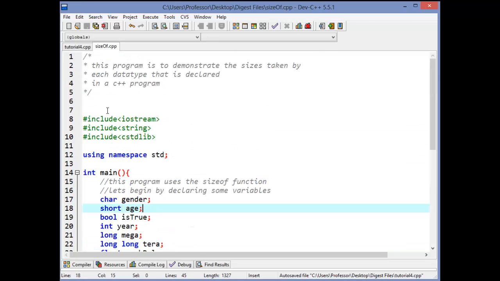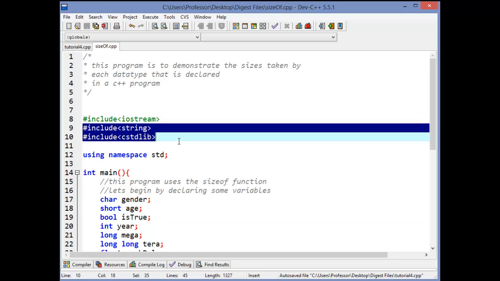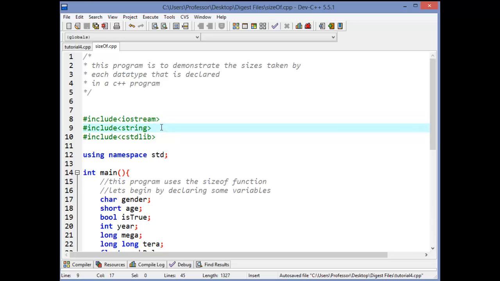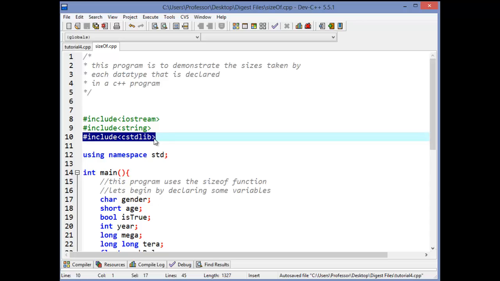Something I want to talk about: we have two preprocessor directives added to our already defined iostream directive. We have include string, then we have include cstdlib. cstdlib stands for C standard library.